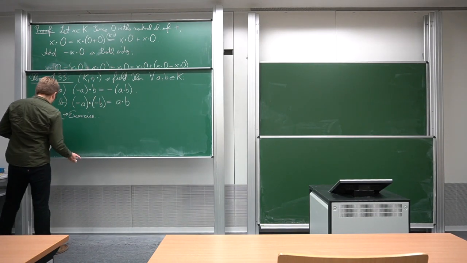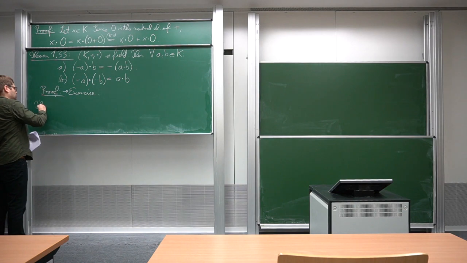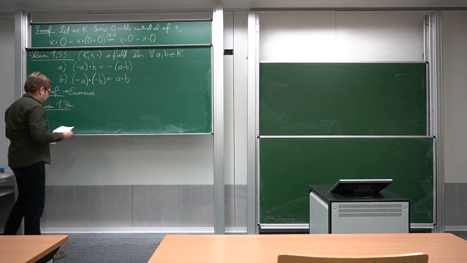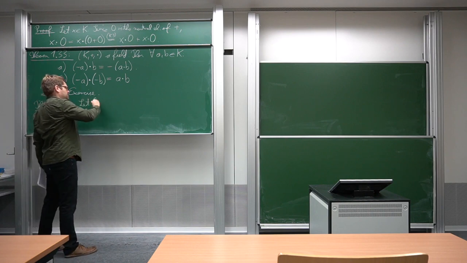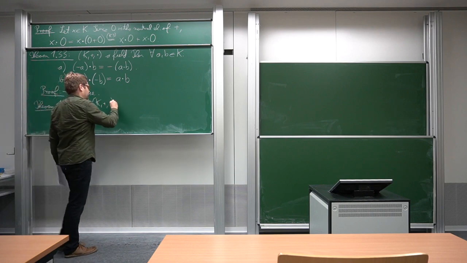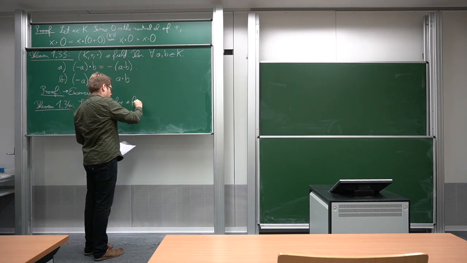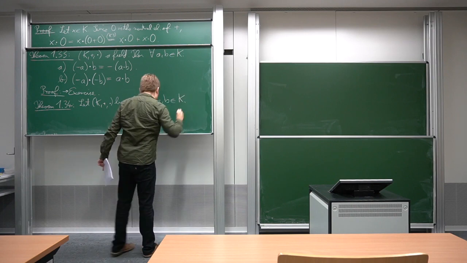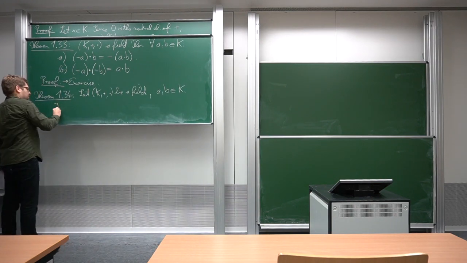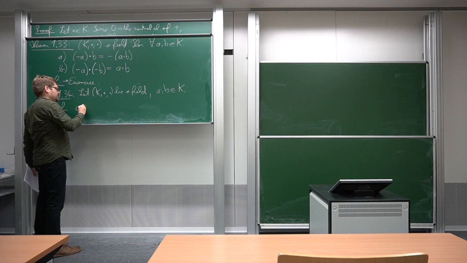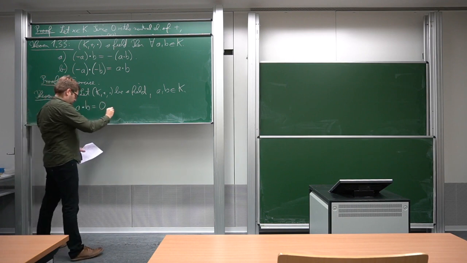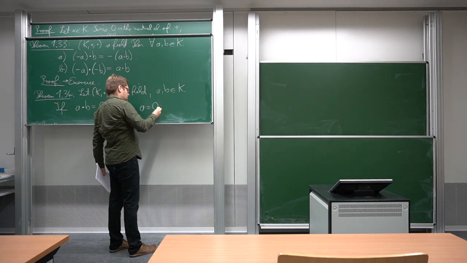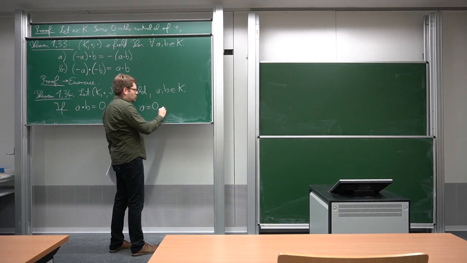Okay, another property that seems quite natural but that we need to show. Again, let K with plus and dot be a field, and we take two fixed elements A and B in K. If the product of A and B is 0, then A is 0 or B is 0.